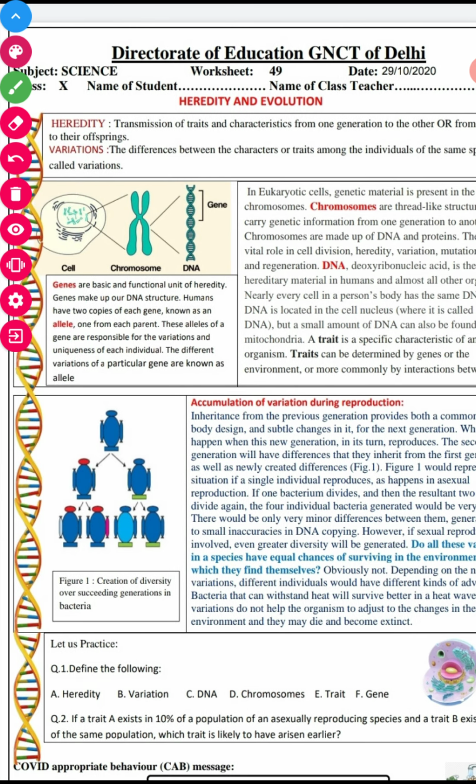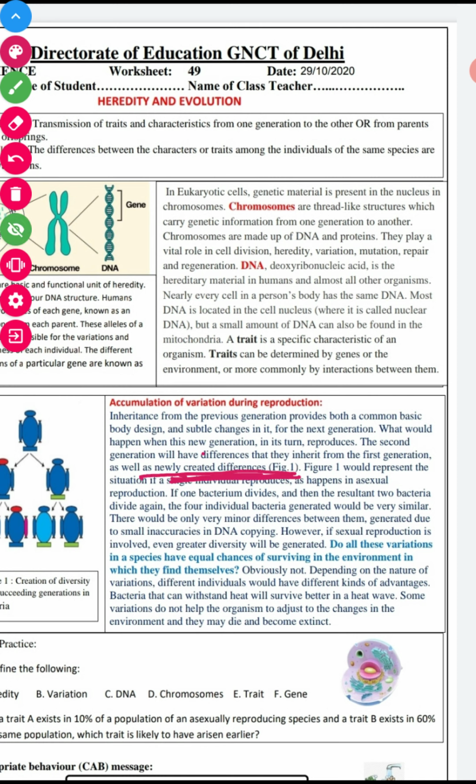So the second generation, which we call offspring, will have differences that they inherit from the first generation as well as newly created differences. So the second generation will have the inherited traits as well as the differences, due to so many factors, like, as I told you, mutation or environmental factors.